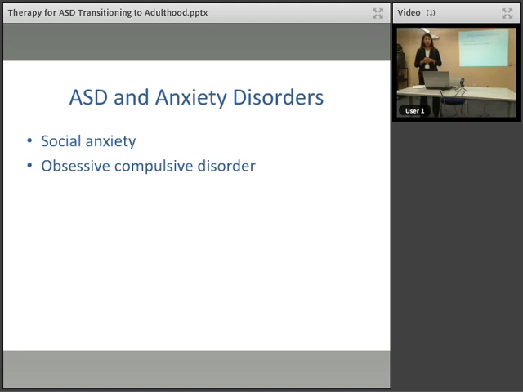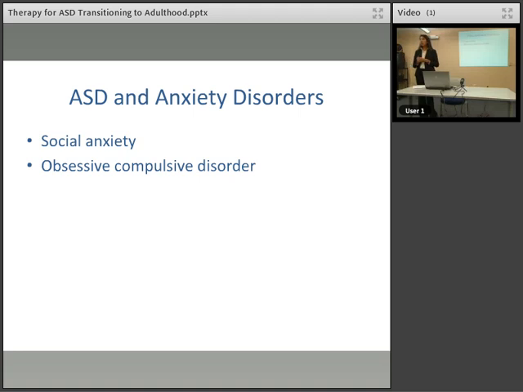And then we're also seeing that obsessive compulsive disorder is commonly diagnosed as another condition that's present with autism spectrum disorders. Now, as a diagnostician or clinician, it's important to recognize that the different repetitive behaviors that are seen as part of an autism spectrum disorder will differ from the obsessive compulsive rituals and behaviors that are seen when it's a more pure case of OCD.